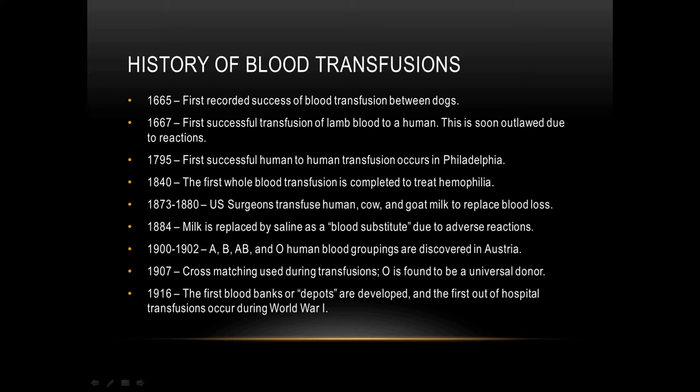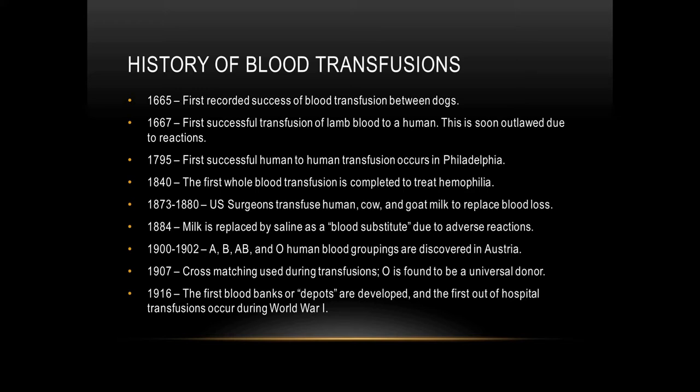America was just first getting settled. So this is centuries ago. And they started, like most science happens, practicing on animals. We can see here in 1795 that the first successful human-to-human transfusion happened, and this was after the Revolutionary War. This happened in Philadelphia.